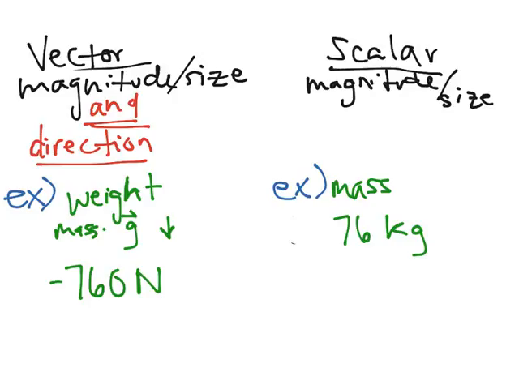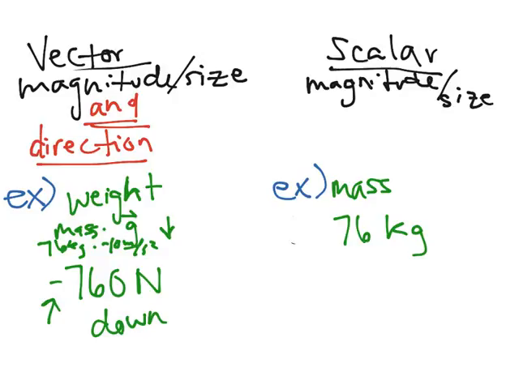Remember, your mass was 76 kilograms, your acceleration for that was gravity, which is negative 10 meters per second squared. You multiply them, you now have a direction. The direction for this, remember, it's negative, and we are talking about gravity, so this would be down.